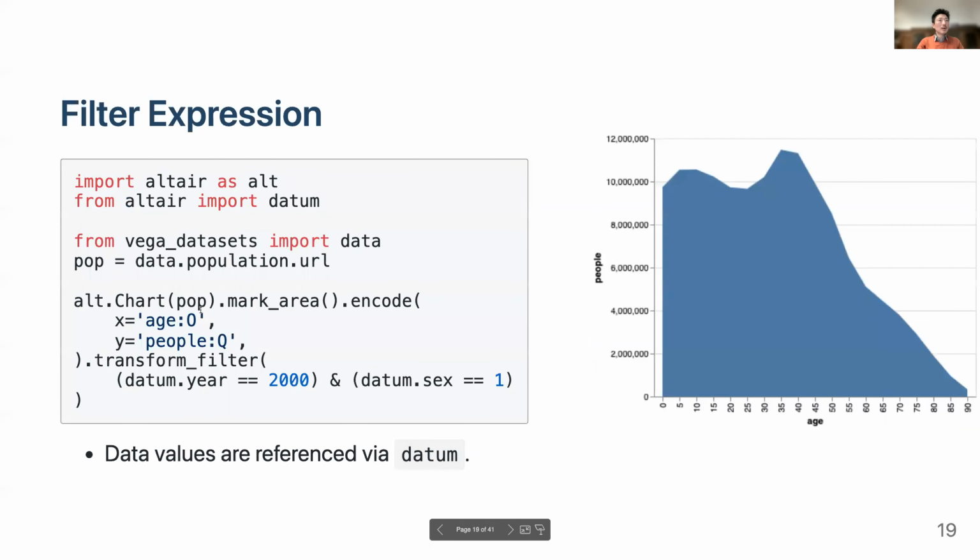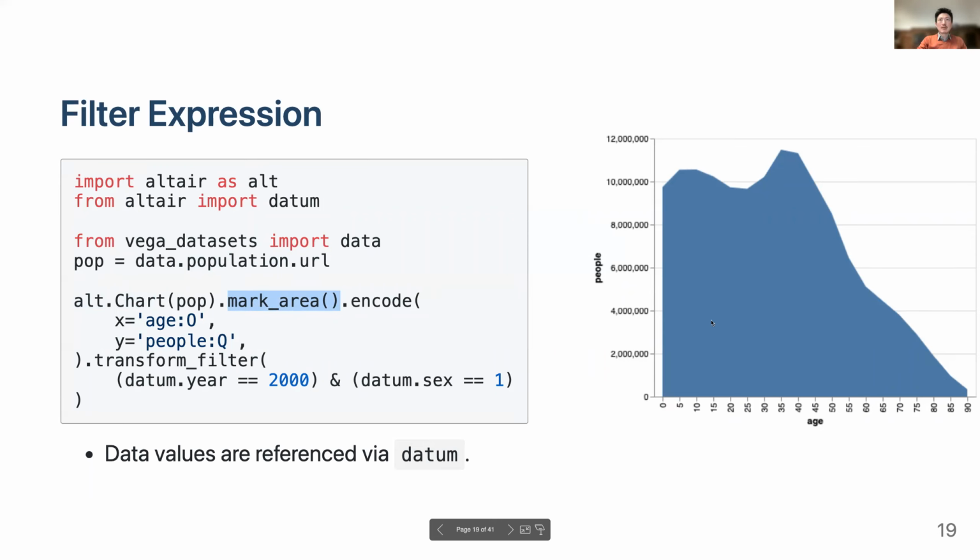So in this case, we're going to be using the population data again, and then say alt.Chart(pop). So that's the data set. The mark we're going to be using is area, so it's going to create an area chart.